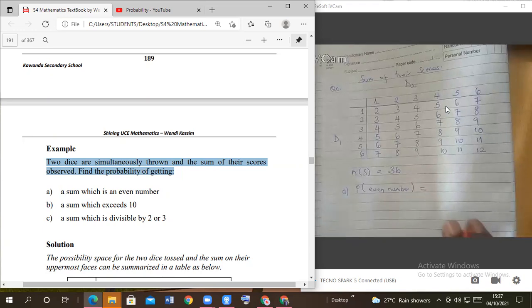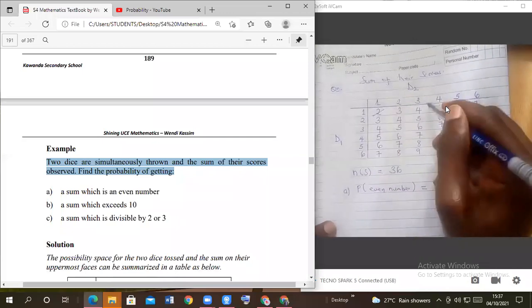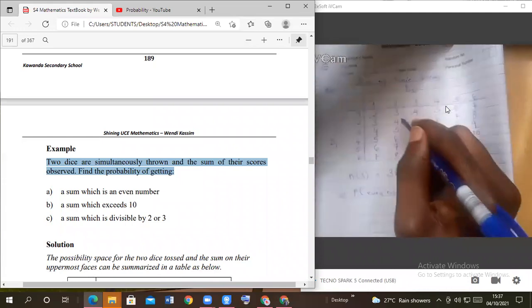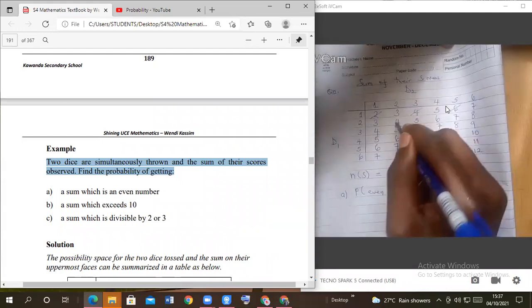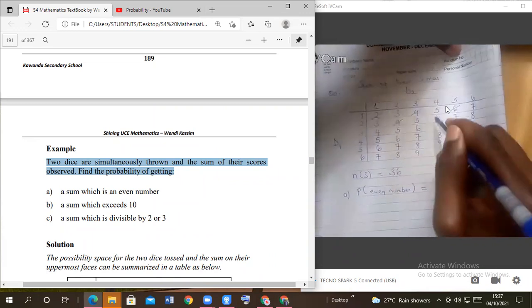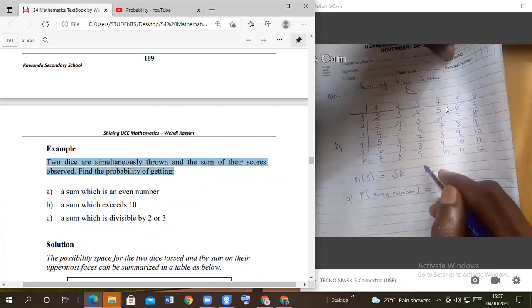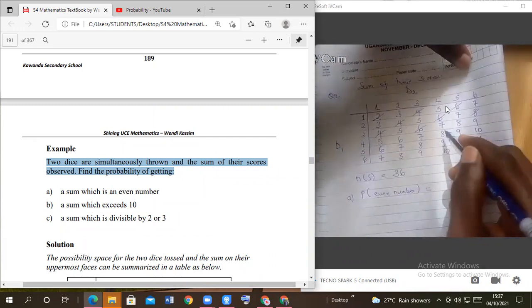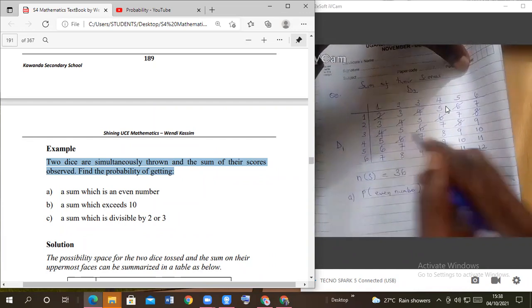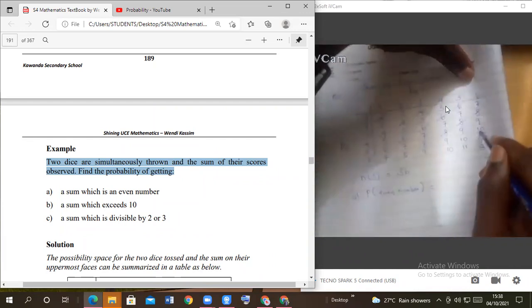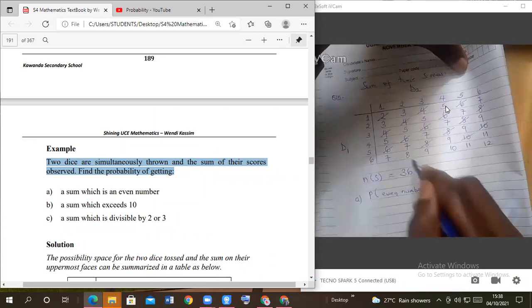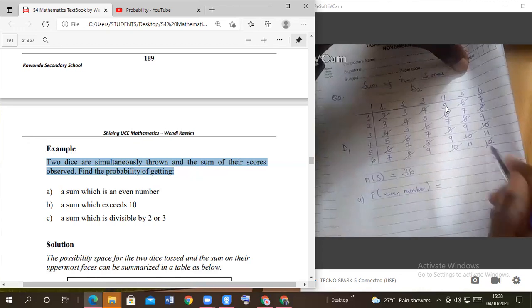So the first row has 2, 4, 6. Then 4, 6, 8. Then 6, 8, 10. Then 8, 10, 12. How many are there?